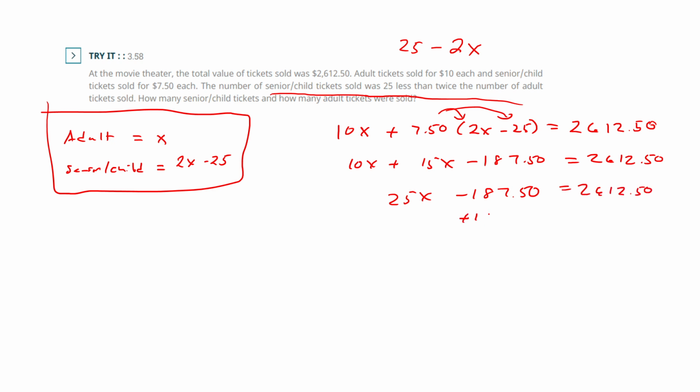We're going to add that to both sides. Okay, I've got 25x is 261250. Now divide both sides by 25.